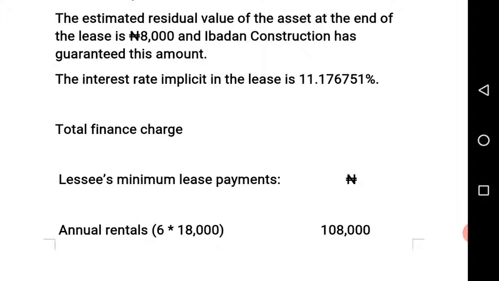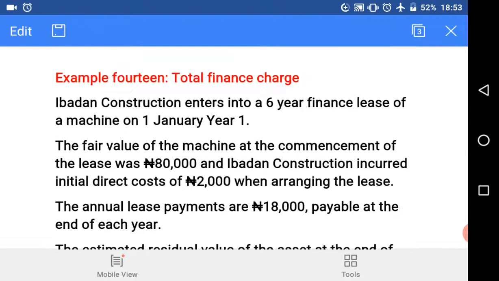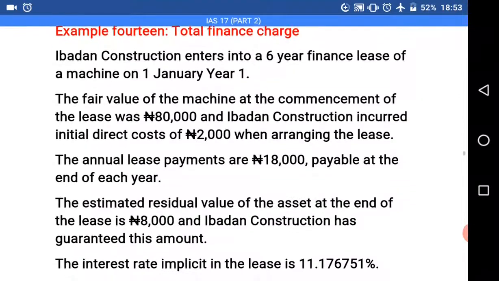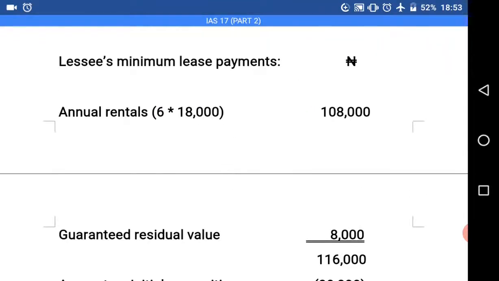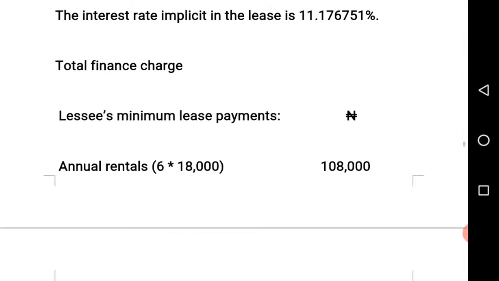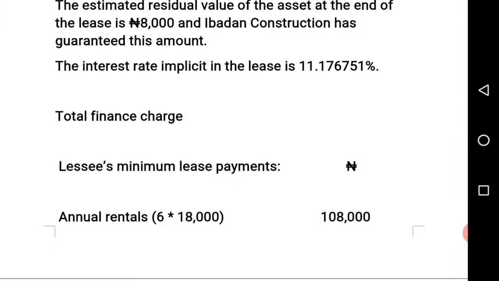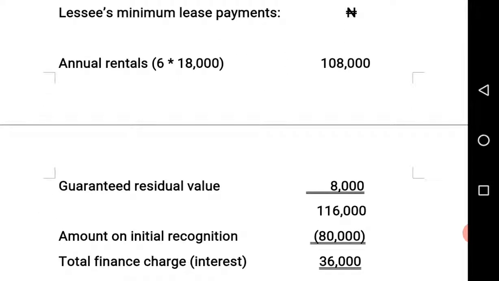We have the annual rental of 18,000 each year times the 6-year life. So we have a total of 108,000. Then we add the guaranteed residual value as a gain, 8,000. So the total gain is 116,000 naira.